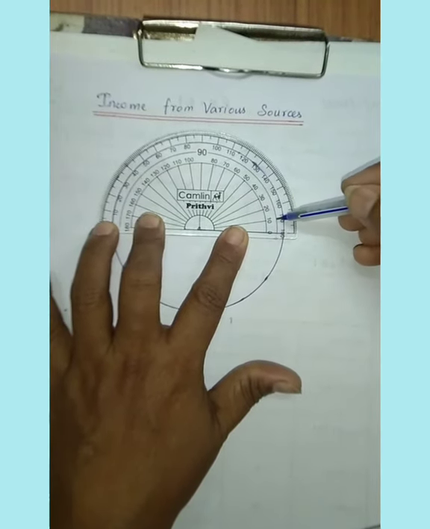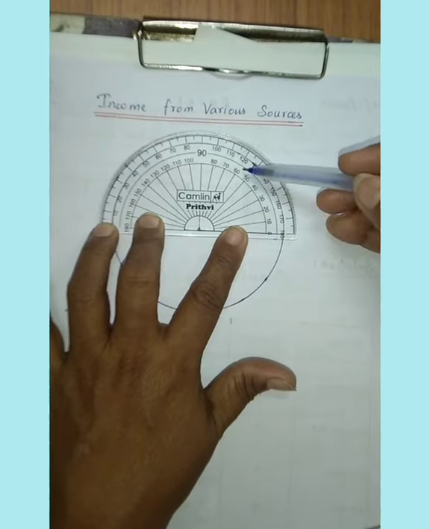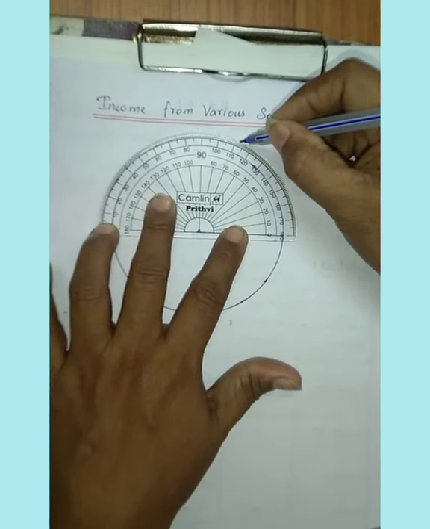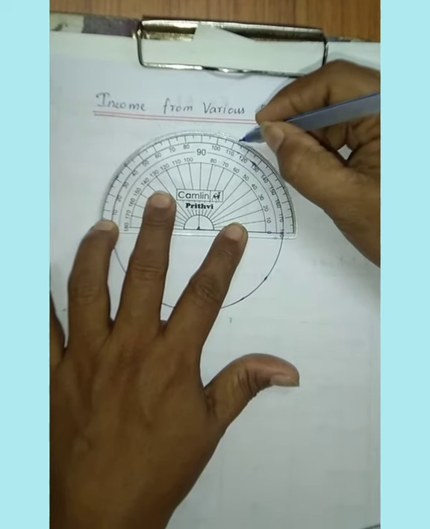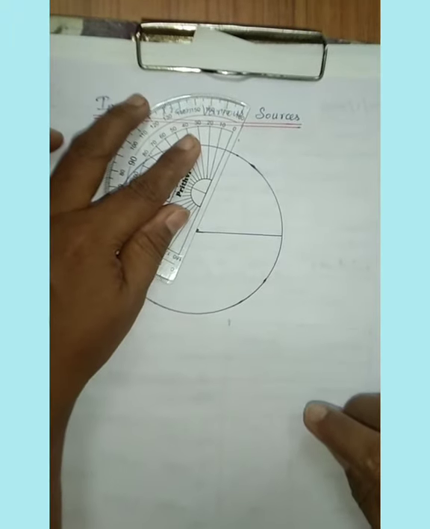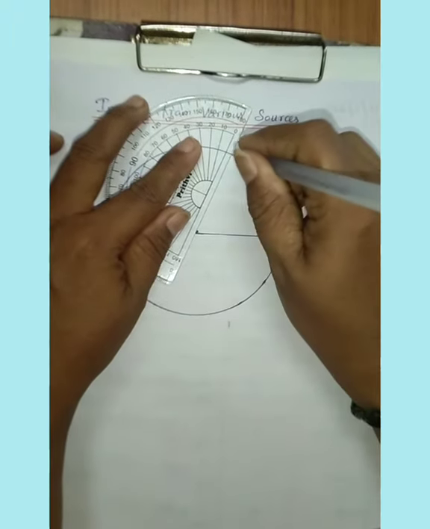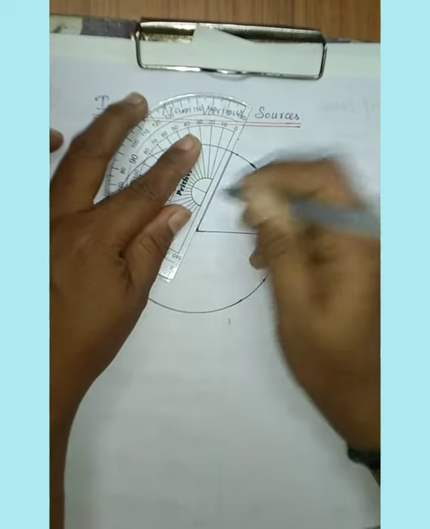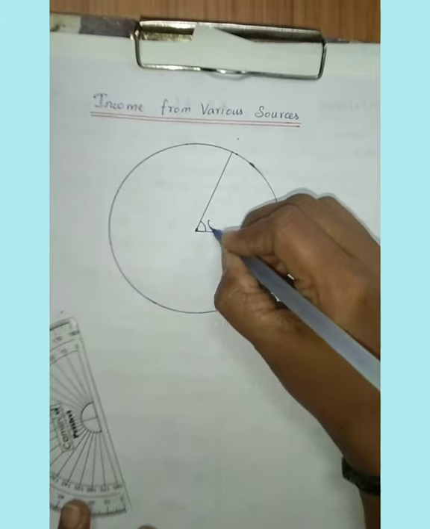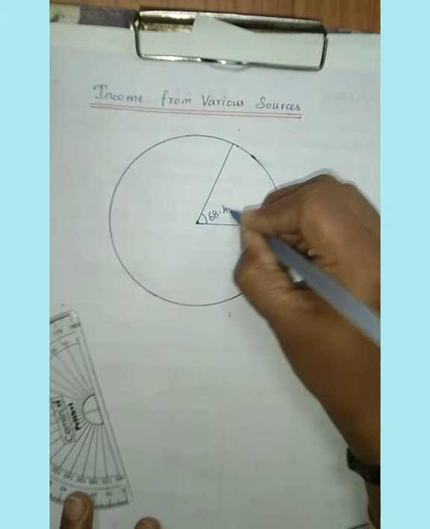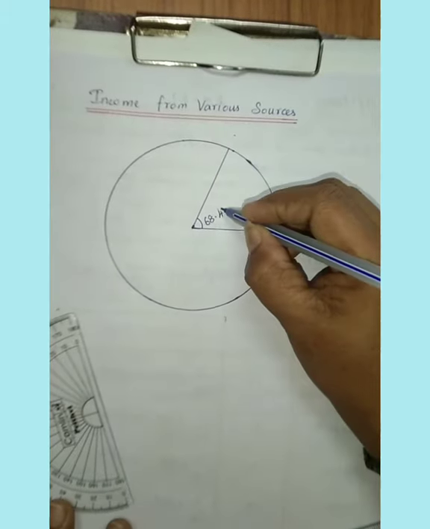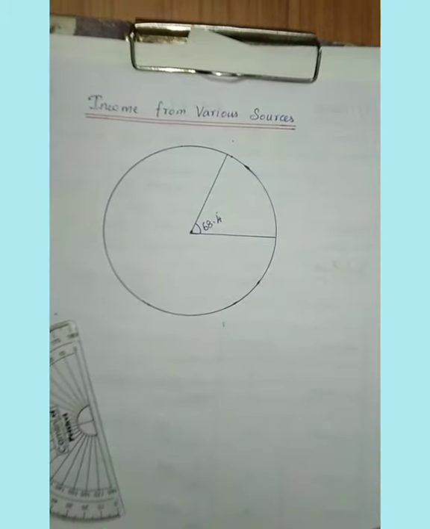That is 0, 10, 20, 30, 40, 50, 60, 65, 66, 67 and 68. Then you can write it, that is 68.4. We have taken 68 degree, but you can write 68.4. That is corporation.